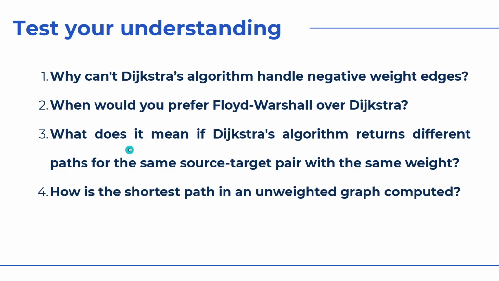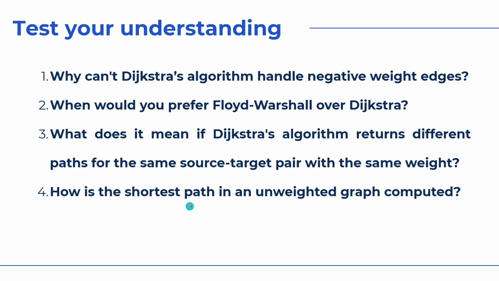The third question is, what does it mean if Dijkstra's algorithm returns different paths for the same source target pair with the same weight? There is a possibility, because in a graph we will have multiple paths between any pair of vertices, and so we may end up with the same cost for different paths. In that case, it is our choice to choose any one among the available paths.